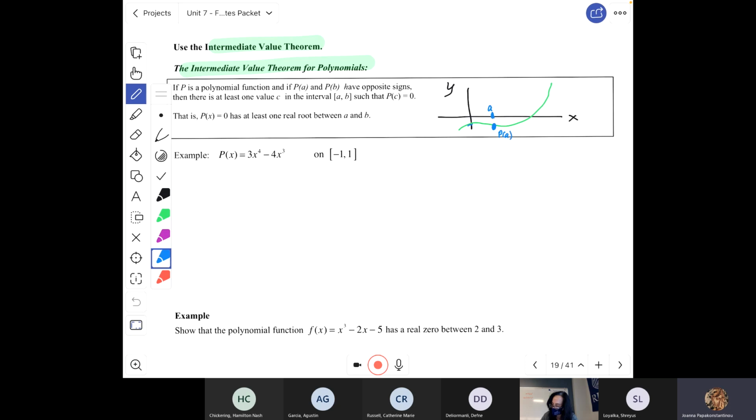This is A, this is P of A. I have another point, let's say B. So this is the polynomial evaluated at B, the output, right? So far, so good? So I have my interval A to B. You see that interval?